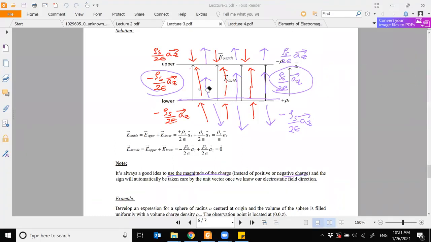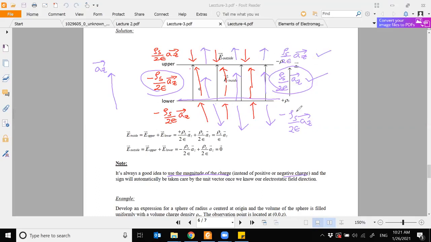So in this case, now let us correct this. So what is the correction here? See, if this is my Az direction, then let's work with the magnitude. So magnitude rho S over 2 epsilon, and this is the same direction as Az. Yes, so this is okay. Now here, same direction as Az.